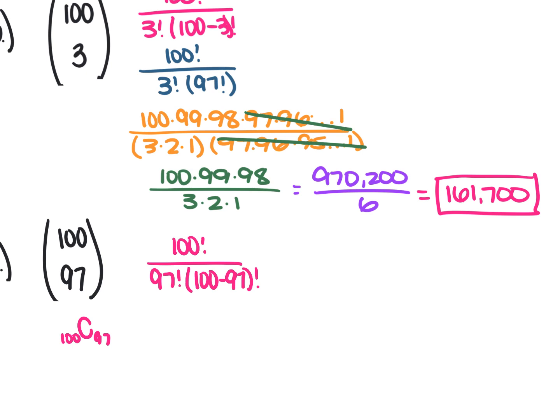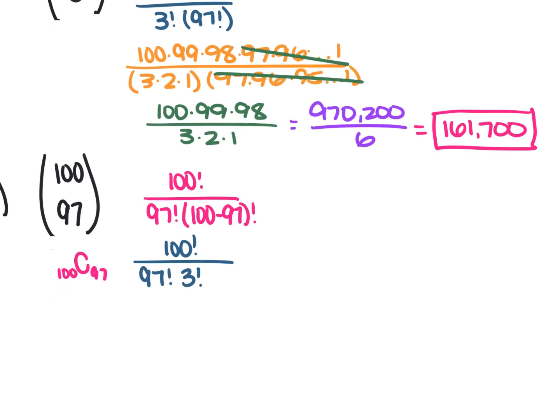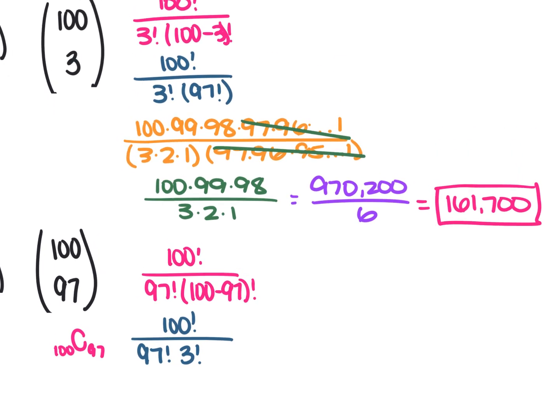This then will simplify to be 100 factorial over 97 factorial times 3 factorial. So we have literally the same exact thing that we had in the question before this, which means this is going to give us 161,700. So this part here is the same as this part here.